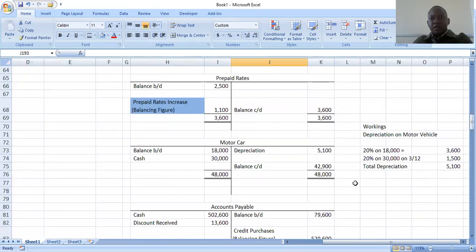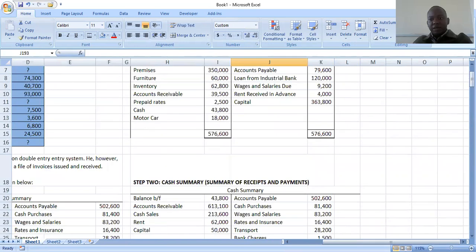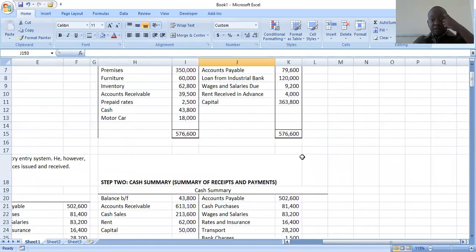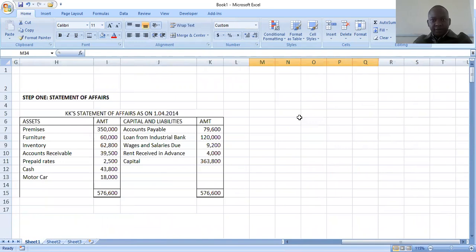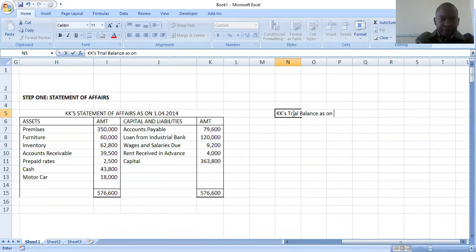So next the question requires us to do the trial balance. So you do the trial balance of KK. So I can do it here. So KK as on 31st March 2015.